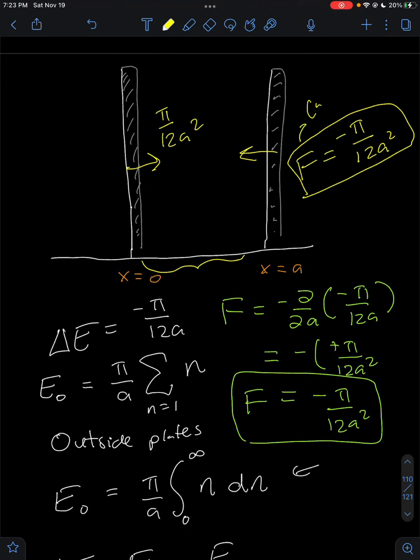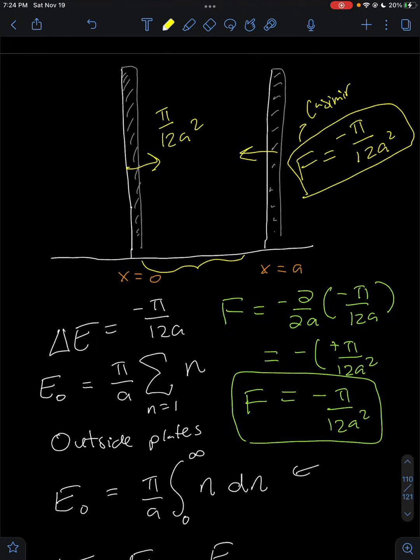This is what we were trying to find, and we got it. So that's how the Casimir effect works. Basically, what we've done here is first of all, we had the Hamiltonian. We found the energies inside of the plates and outside of the plates. We subtracted them, and we found out that we get infinity.